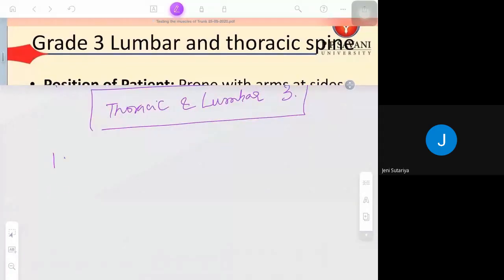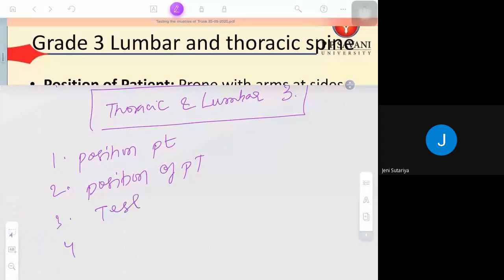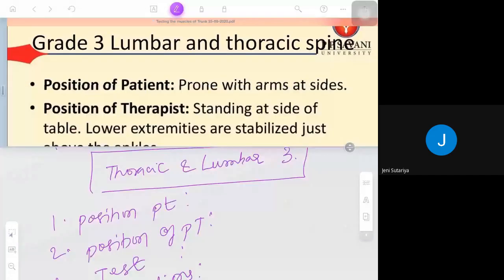4 points we will discuss: position of patient, position of therapist, test, and instruction. Position of patient.